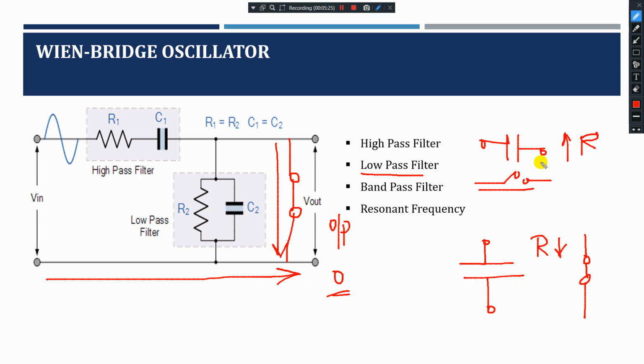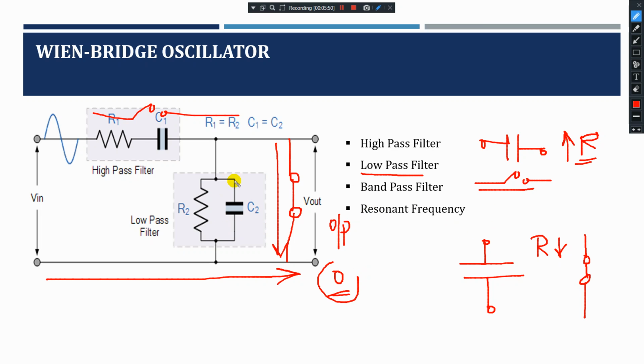When a capacitor is in series for a low frequency, it becomes an open circuit. Why does it become an open circuit? Because of high reactance. So output will be equal to 0.